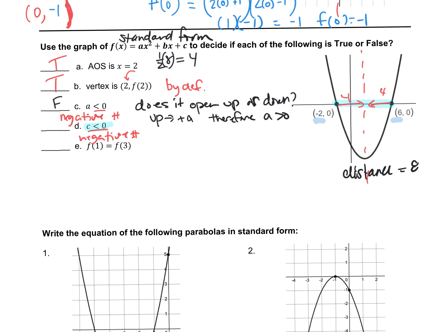C less than 0. So that means C is a negative number. Well, what is C? C is the y-intercept. So I'm going to ask this question down here. Is the y-intercept negative?